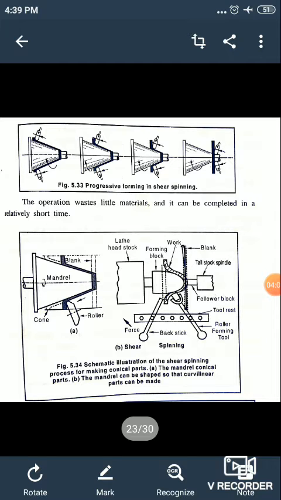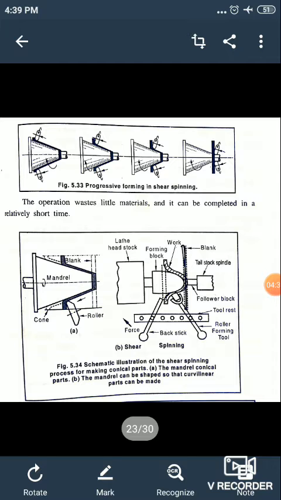Okay, the final wall thickness is achieved by controlling the gap between roller and mandrel. In this process, it produces an axisymmetric conical or curvilinear shape while maintaining the part's maximum diameter and reducing its thickness.